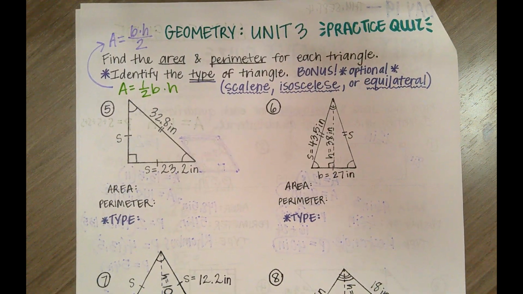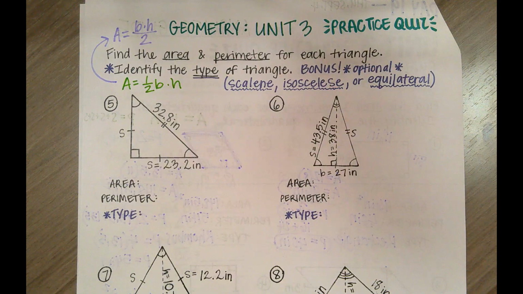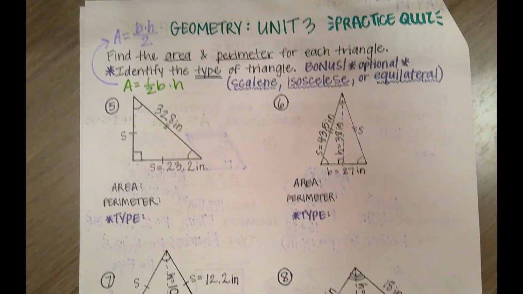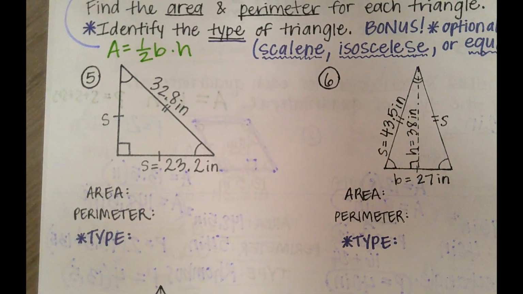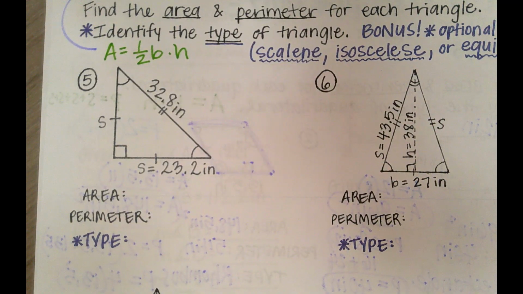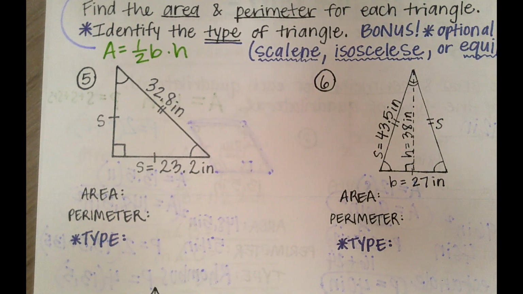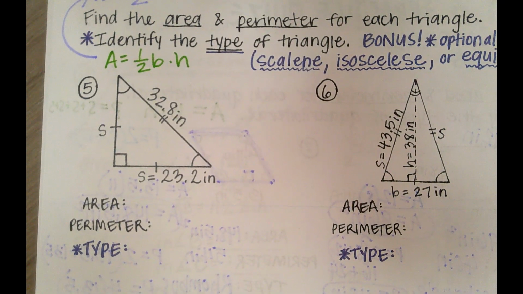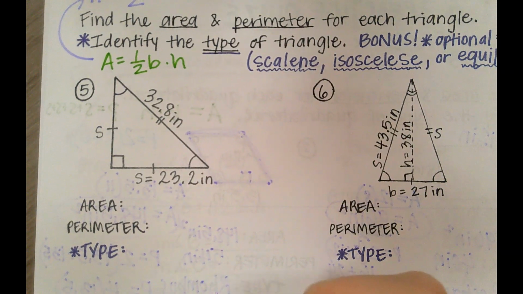And then our perimeter, that's just adding up all the sides, right? So why don't we start with number 5? How would I find the area of this triangle?